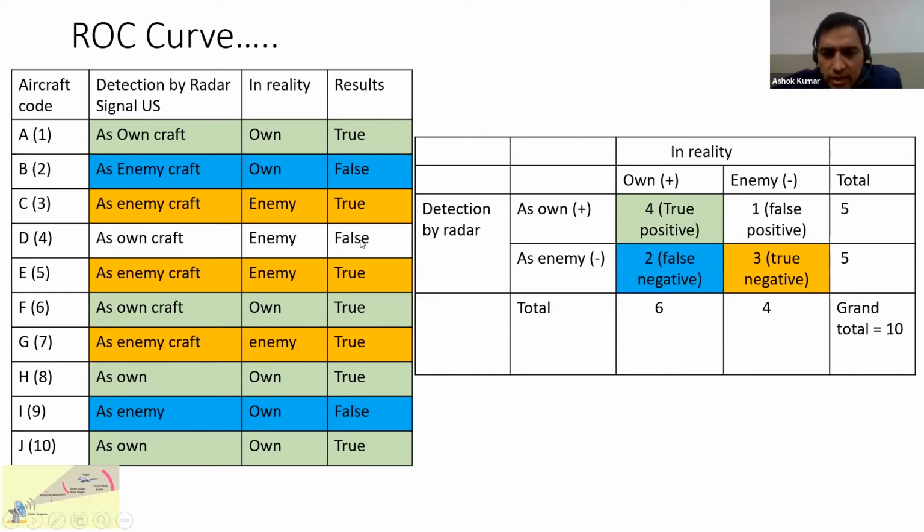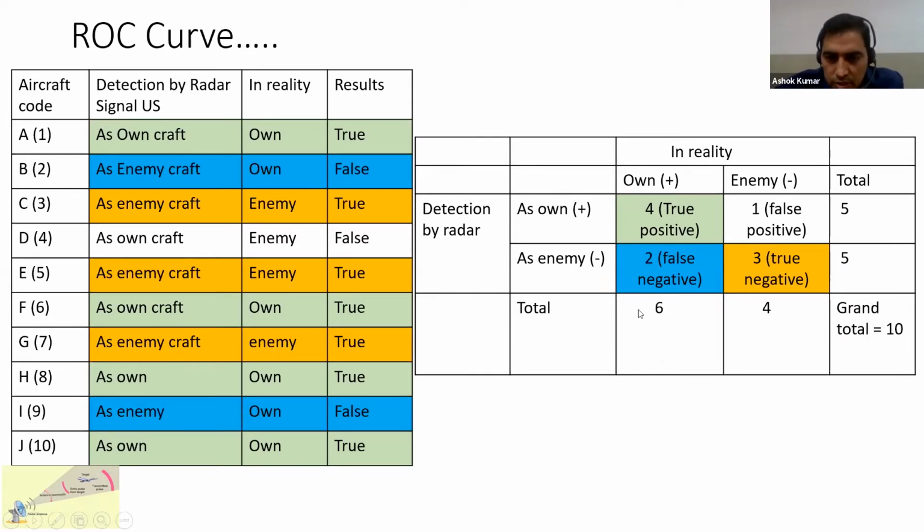So we make this 2 by 2 table, and we got some ideas. In reality, own craft are 6 and enemy are 4, and the total detected by radar as own is 5 and as enemy is 5, and the grand total is 10.